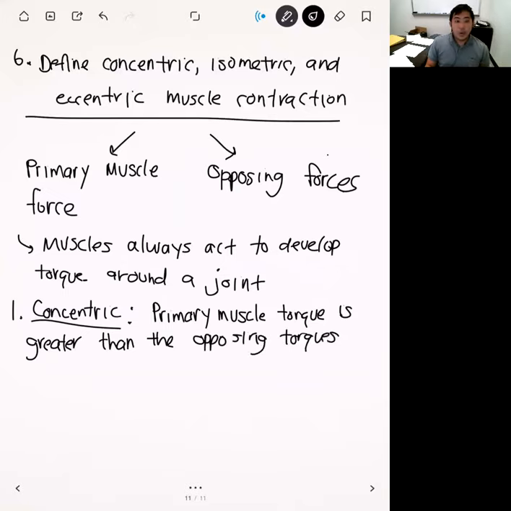What this results in is limb motion in the same direction as the primary torque.